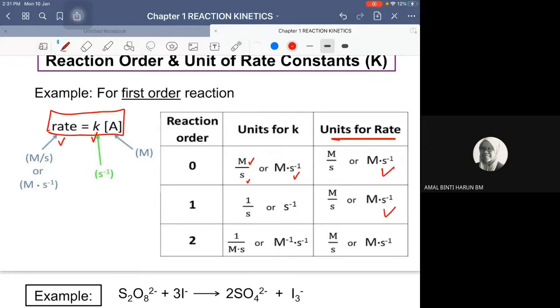Tapi unit K, bila you substitute sini, you akan dapat 1 over S. Macam mana boleh dapat 1 over S? Rate molar per second sama dengan K. Sorry ya, saya dah lost lah.